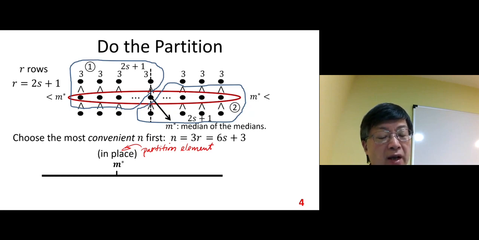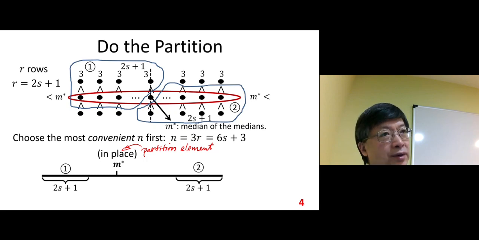Based on our analysis in the previous slide, look at block 1. All the elements in block 1 are at the left-hand side of M star. There are 2s plus 1 elements. Similarly, block 2 is at the right-hand side of M star. Before we do 2s comparisons, we do not know where they are, but now we know.